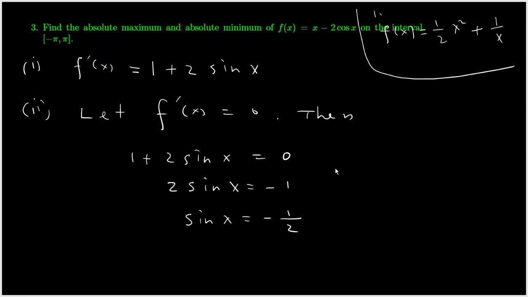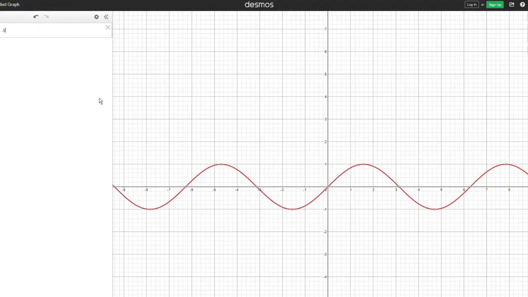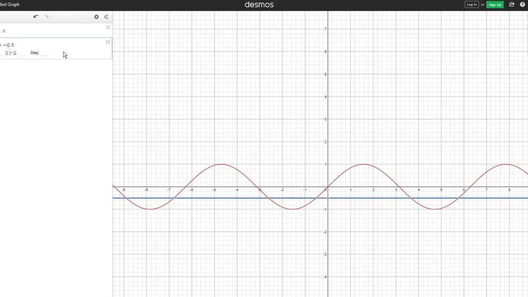To solve the equation, we are looking for x values so that sine of the x value is negative 1 half. Now let's look at the graph to see how many possible values. Can I draw a horizontal line like y equals negative 1 half? So negative 0.5, the same thing, right?